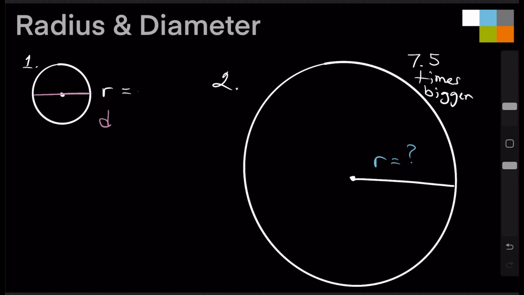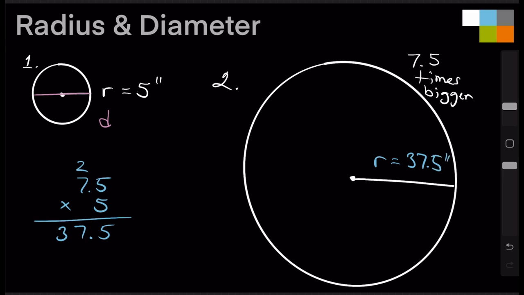As long as we have a measurement for the radius of circle number 1, which is 5 inches, we can use that information together with the information that we have about circle number 2. We can multiply these two numbers in order to figure out what the radius is of circle number 2. Don't forget our decimal point, and we know that the radius of this is 37.5 inches.